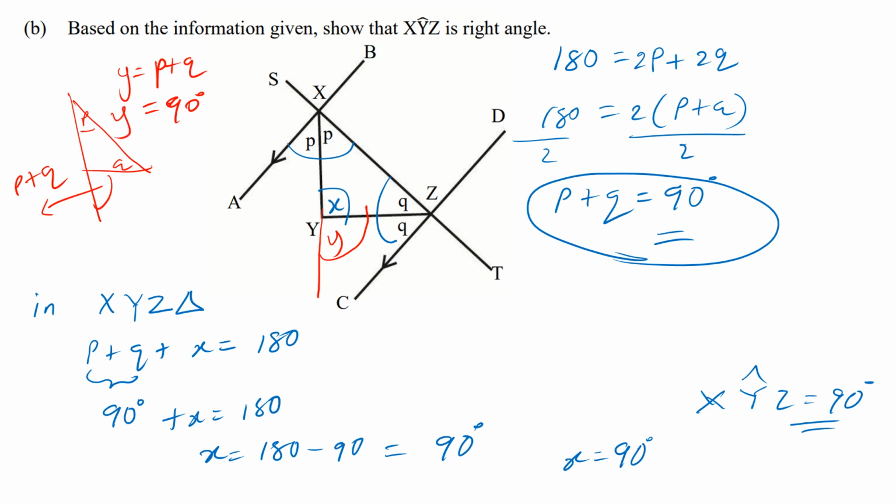So y is equal to 90, then x is also equal to 90, because this is a straight line. I write here k. xyk is a straight line. So x plus y here has to be 180. If y is 90, then x is 90 degrees too. So this is how you find it. There are two ways to find this answer.